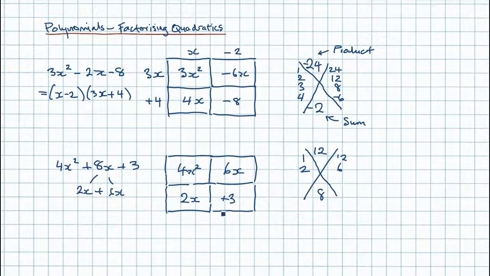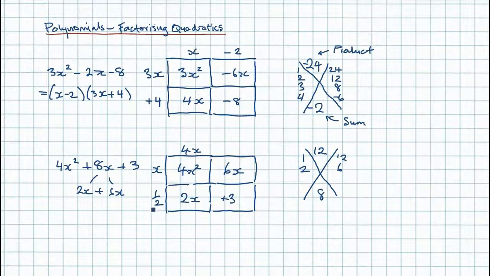Okay, so let's now try and work out how we would make 4x squared. Well, there seem to be two ways. There's 2x times 2x, which would give us 4x squared, or it could be 4x times x. Let's try 4x times x to start with. So we've got 4x there, and our x then must go there. 2x divided by 4x would give us half.